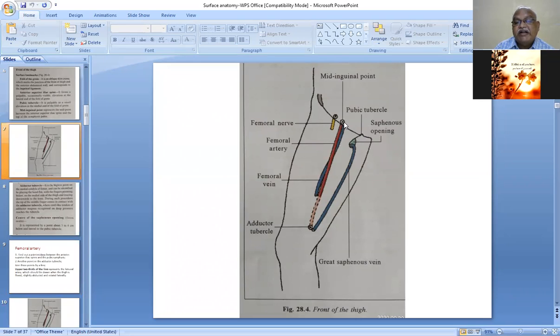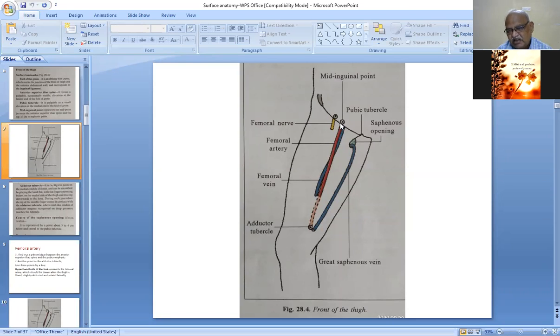So a midpoint between the anterior superior iliac spine and the pubic symphysis is the femoral artery. It is present behind the inguinal ligament, midway between the anterior superior iliac spine laterally and the symphysis pubis medially.